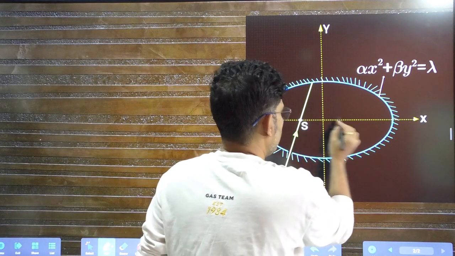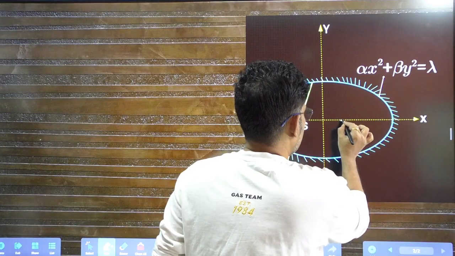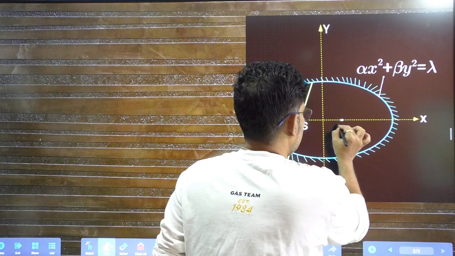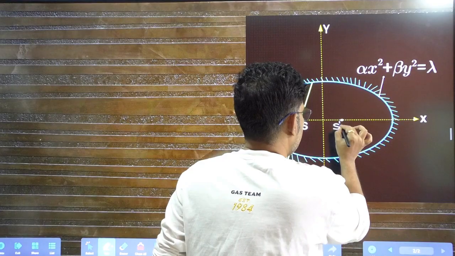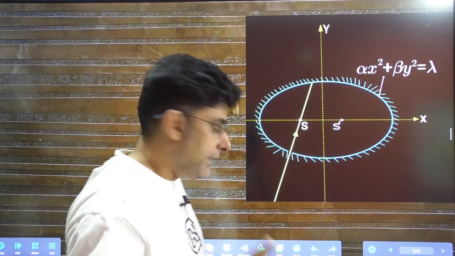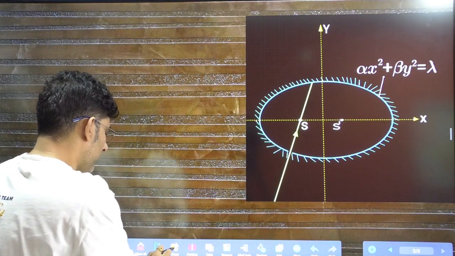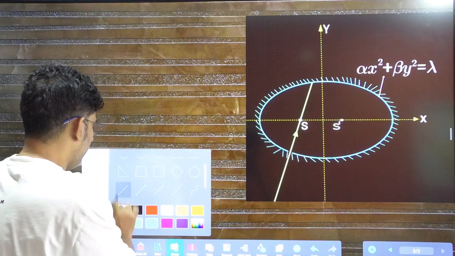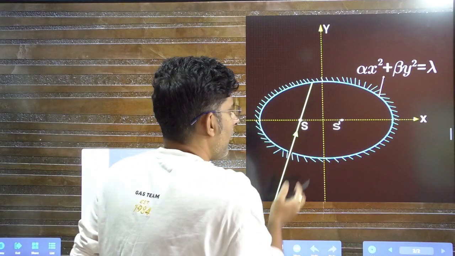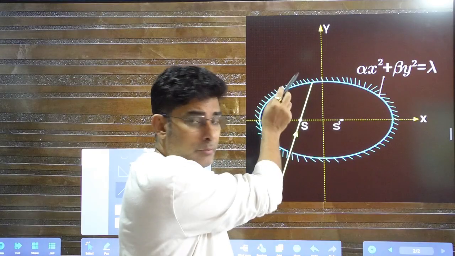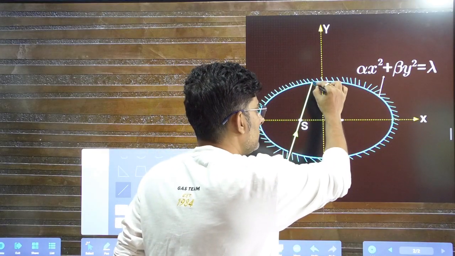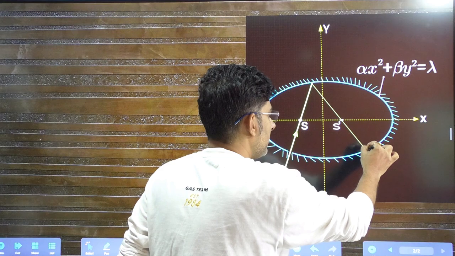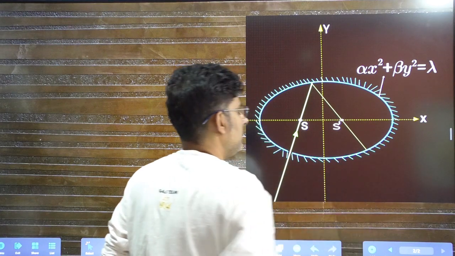There are two foci, one is S, the other focus being, let's call it S dash. Any ray which passes through one of the foci, after getting reflected from the elliptical surface, will pass through the second focus. This is a very important property of any ellipse.